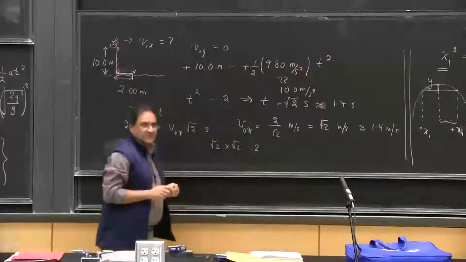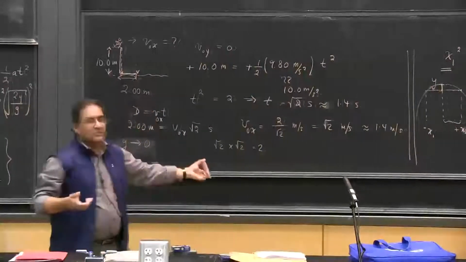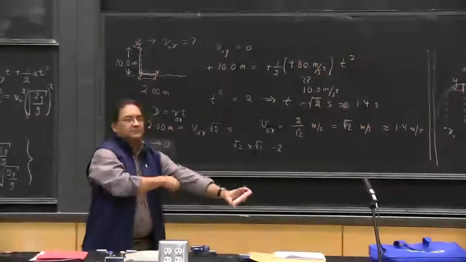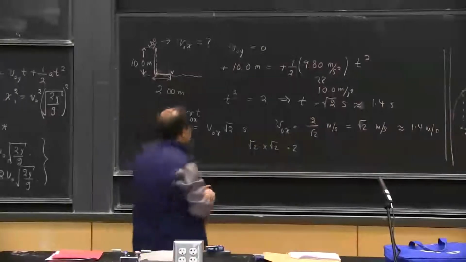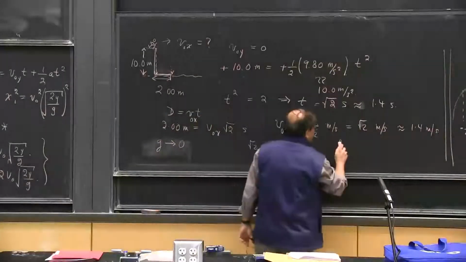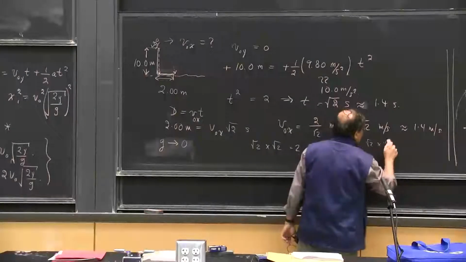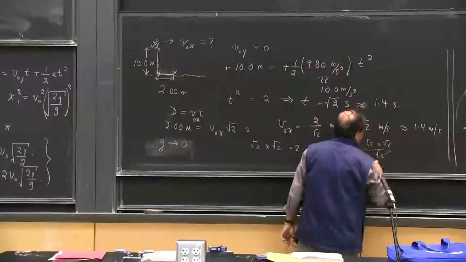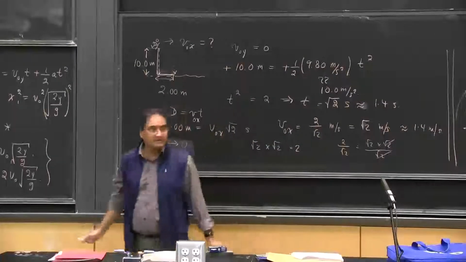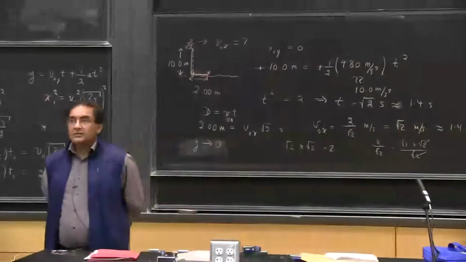So, if you divide 2 by square root of 2, you are only left with square root of 2. Because that would be like root 2 times root 2 divided by root 2, right? Right. Any other questions?